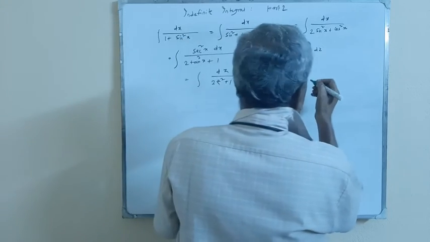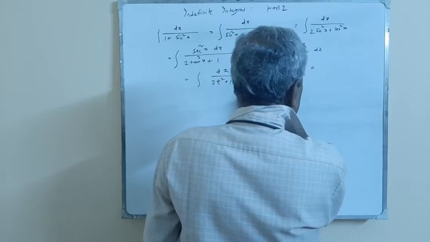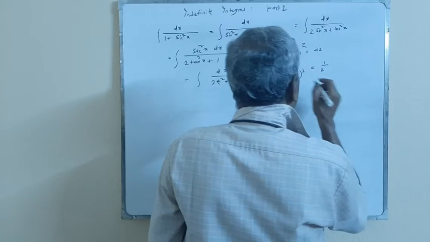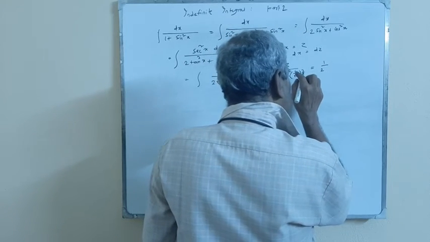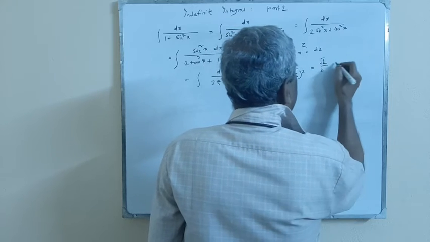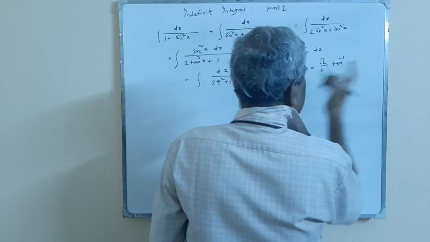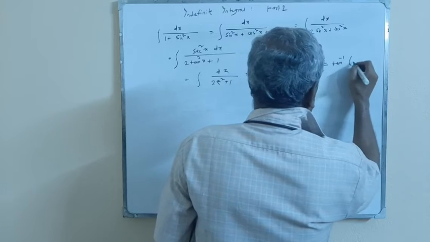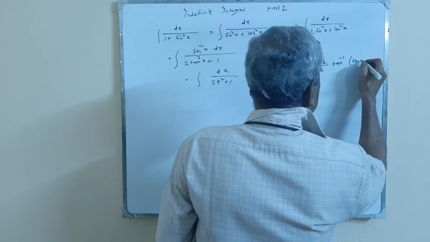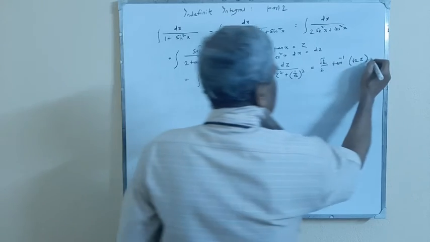Its formula is dz by z square plus a square, 1 upon a tan inverse z by a. 1 upon a is 1 by root 2, and z by a is root 2 z, plus c.